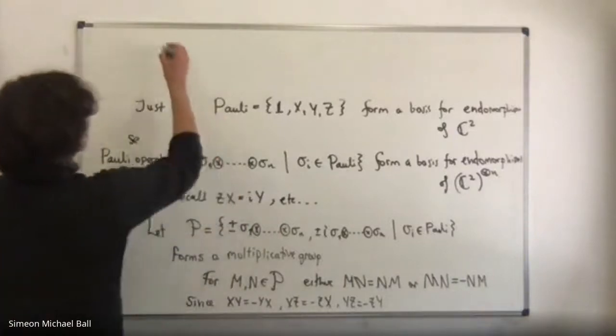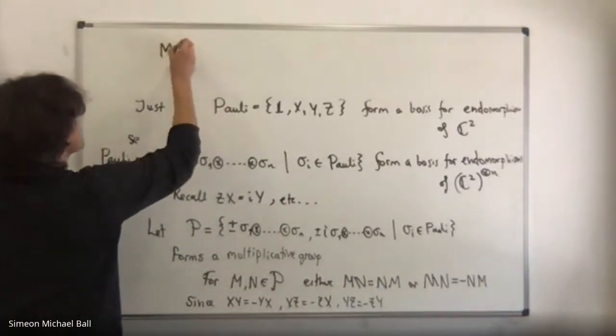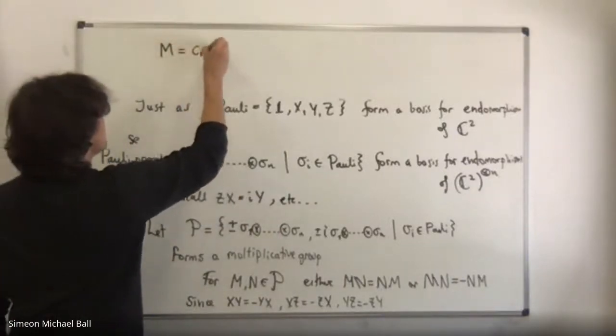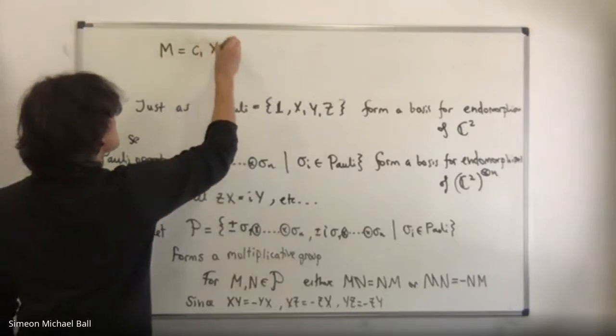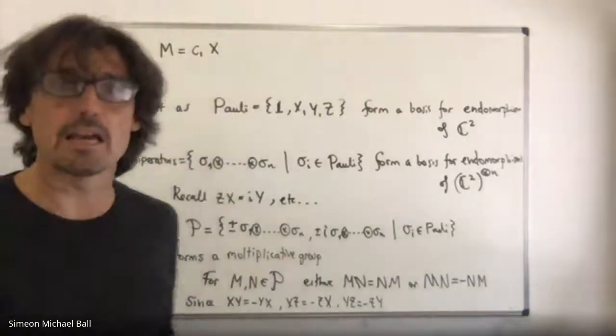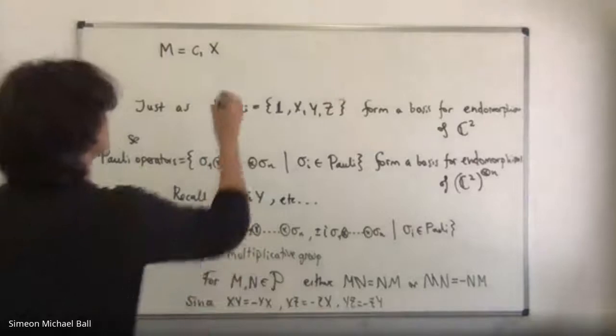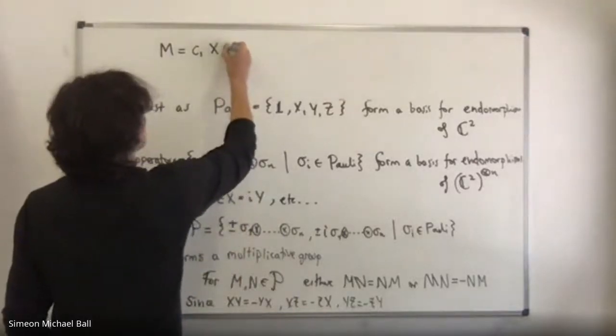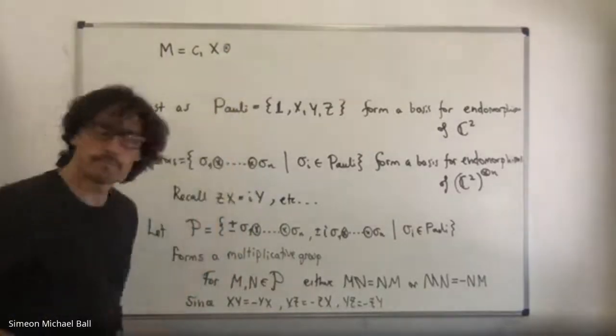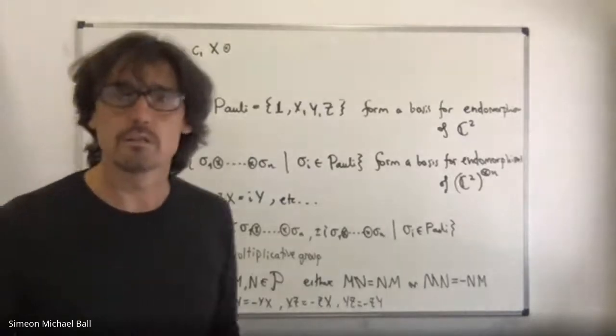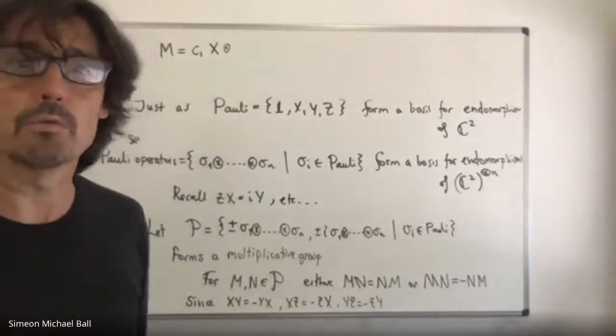So let's just give an example. Let's say M is c1 X Z Y, and we usually try to drop the tensor product sign when we write it down, but let's keep it for the moment, and we will drop it shortly.